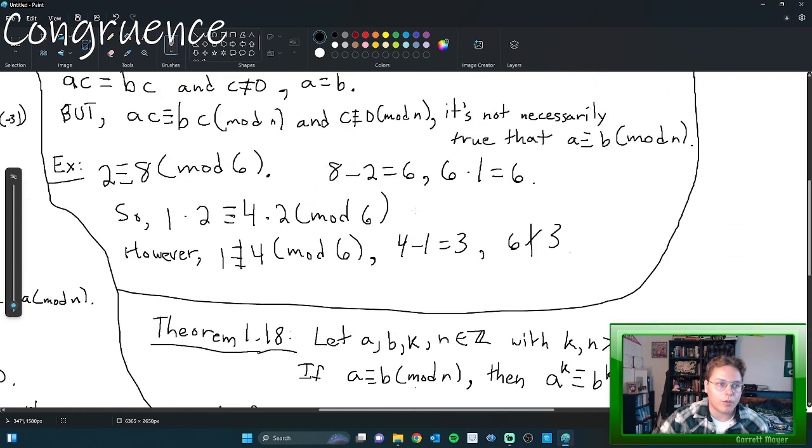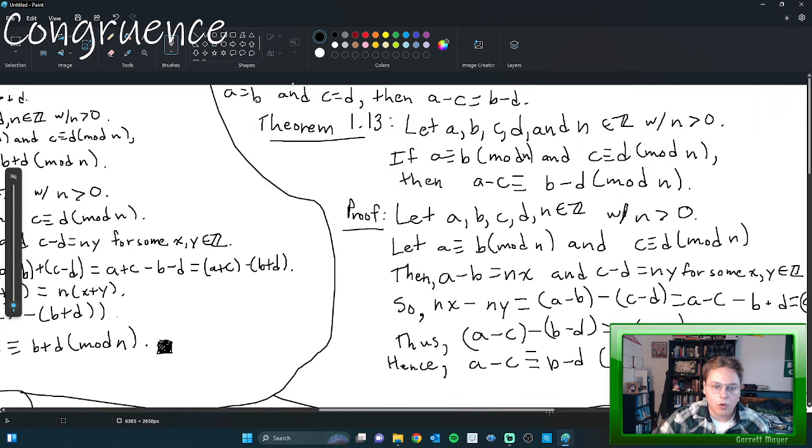And that's by theorem 1.14, which we proved over here.